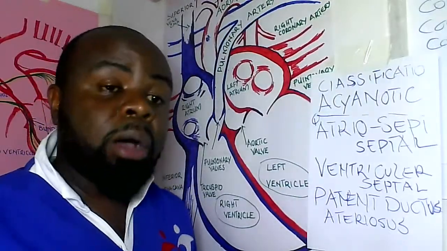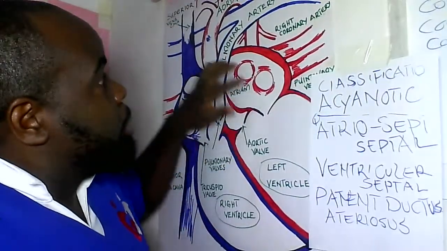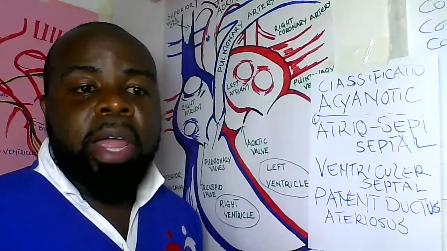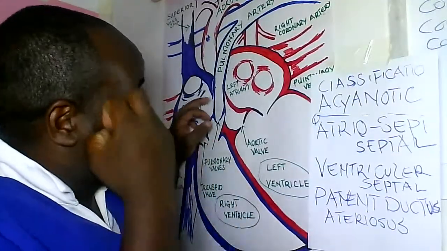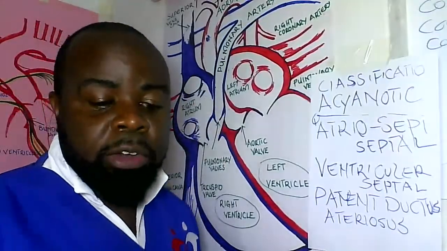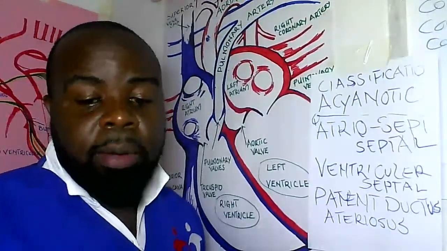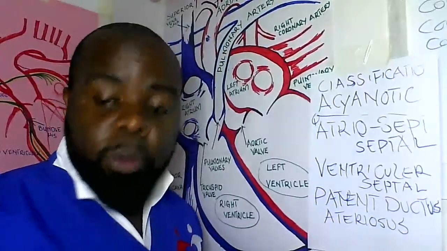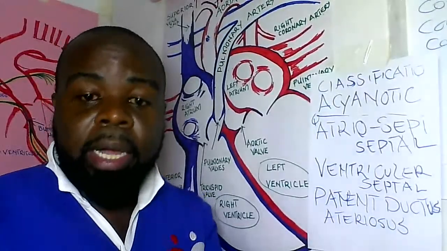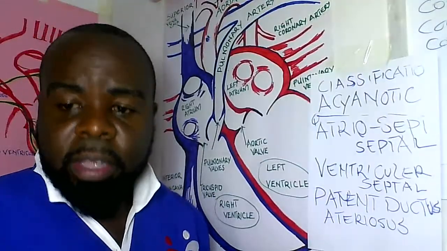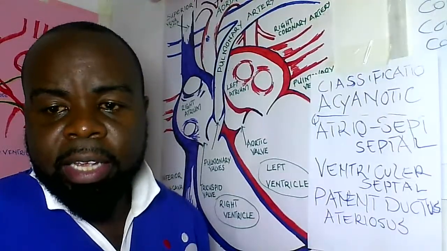Now, you remember how the blood was flowing along the child's heart, the way I was explaining how it comes to the foramen ovale. When the child is in the womb, that is a normal flow.